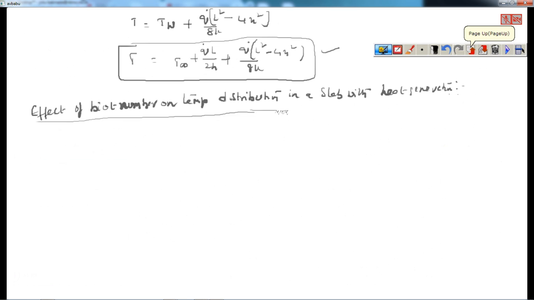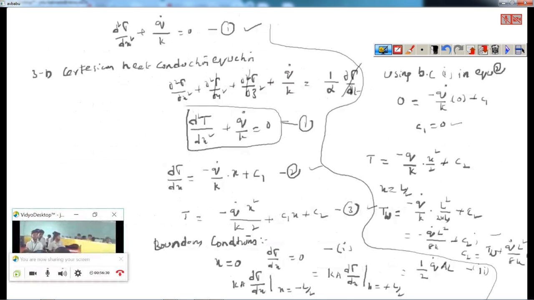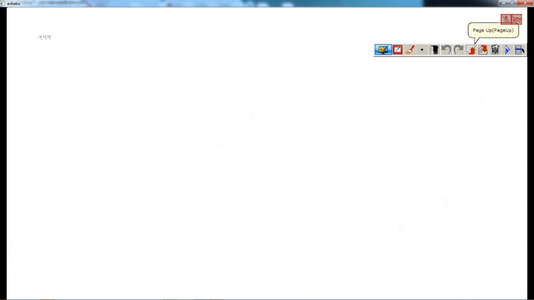Now I will take this effect, note down this one, and take that sketch here. The temperature distribution, the effect of Biot number on temperature distribution in a slab with heat generation, I am discussing.